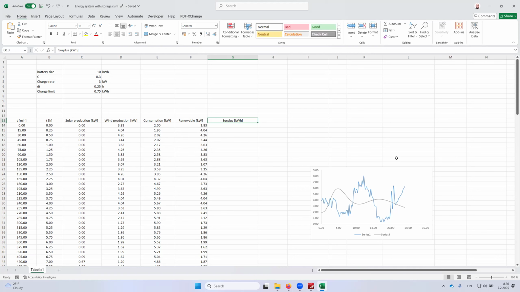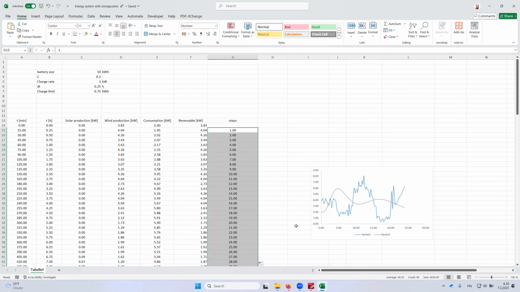Or rather kilowatts, not kilowatt hours yet. Or actually, we could do that with the energy. I think that would be better. So now we're going to have the calculation steps in here. So let's put steps.